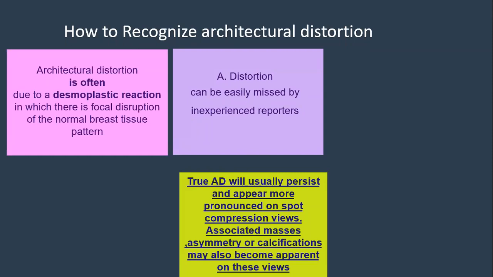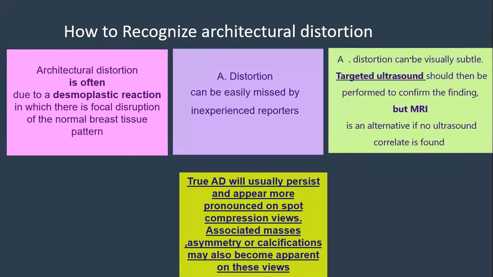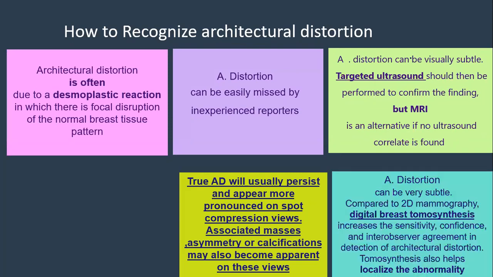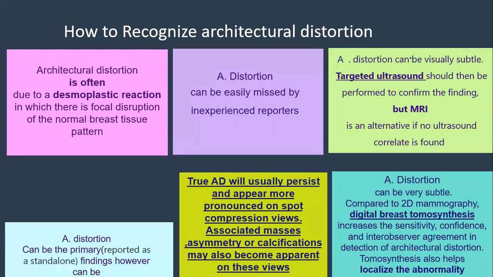Architectural distortion, as we mentioned, can be subtle. We need to target it by ultrasound, and in some cases the adjunct of digital tomosynthesis definitely increases sensitivity, confidence, and inter-observer agreement in detection of architectural distortions and localizing the abnormality.